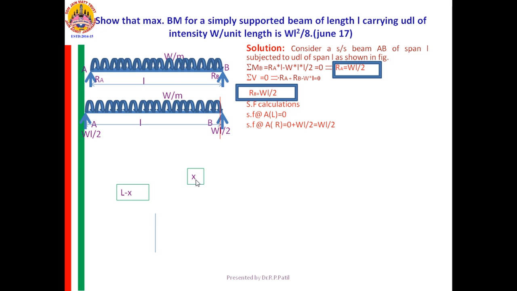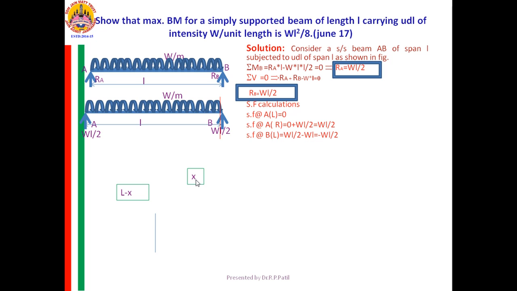On which side is it acting? It is acting on the left side. Therefore, it is negative. Are you getting it? Therefore, SF at B left, already WL by 2 is there, and the new entry is minus WL, will give you minus WL by 2.